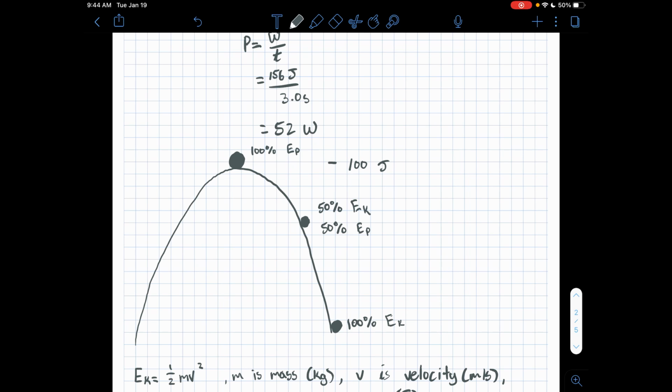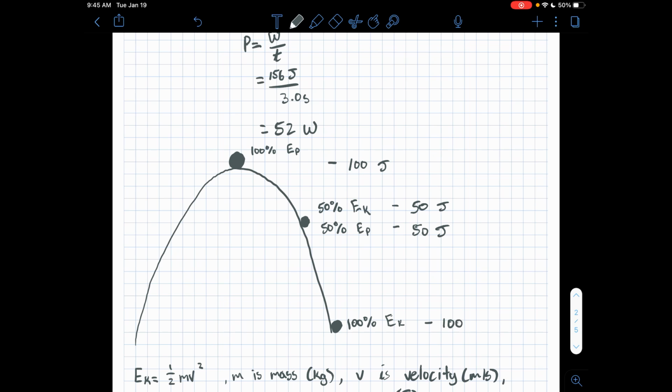Once it's moved down, since it's halfway through its descent, it is halfway to its highest speed. That means that 50% of the energy will be kinetic. So out of the total 100 joules of energy, 50 will be kinetic, and 50 will be potential. And finally, once it reaches the bottom, that's where it'll be at its lowest height, but also its max speed, meaning that there is 100% kinetic energy.